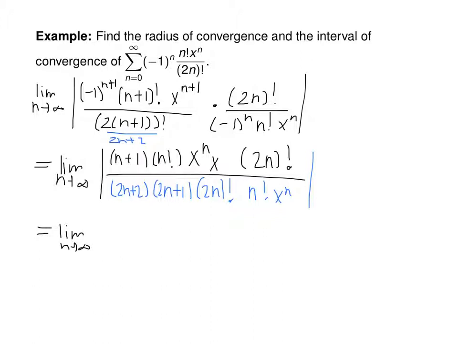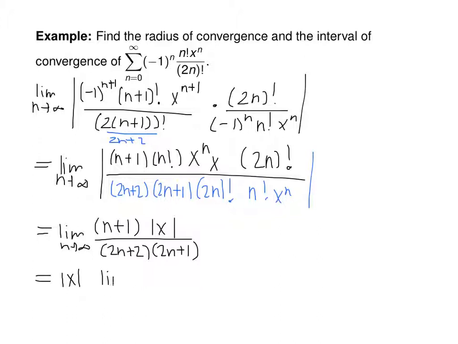So the n plus 1 in the numerator stays, the x stays, but the x to the n and the 2n factorial cancel. In the denominator we have 2n plus 2 multiplied by 2n plus 1. So this will equal absolute value of x times the limit as n goes to infinity of n plus 1 all over 4n squared plus 6n plus 2.